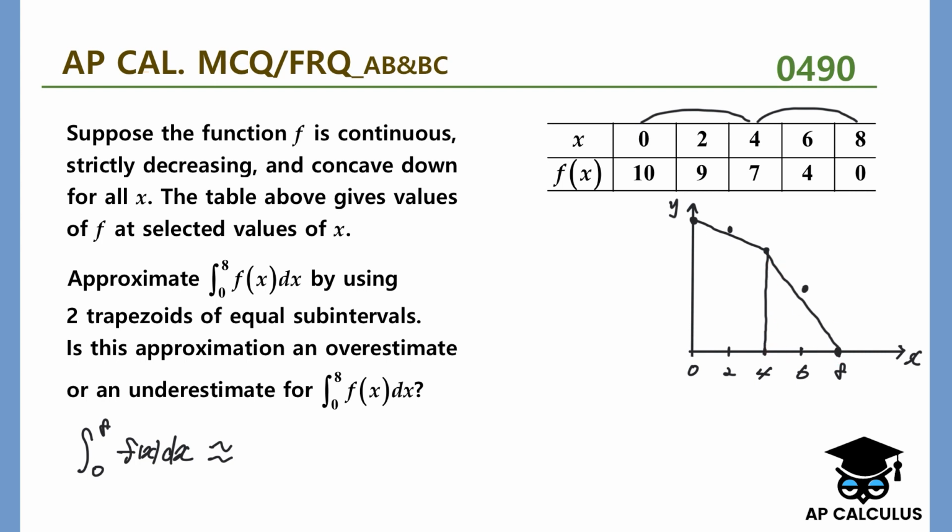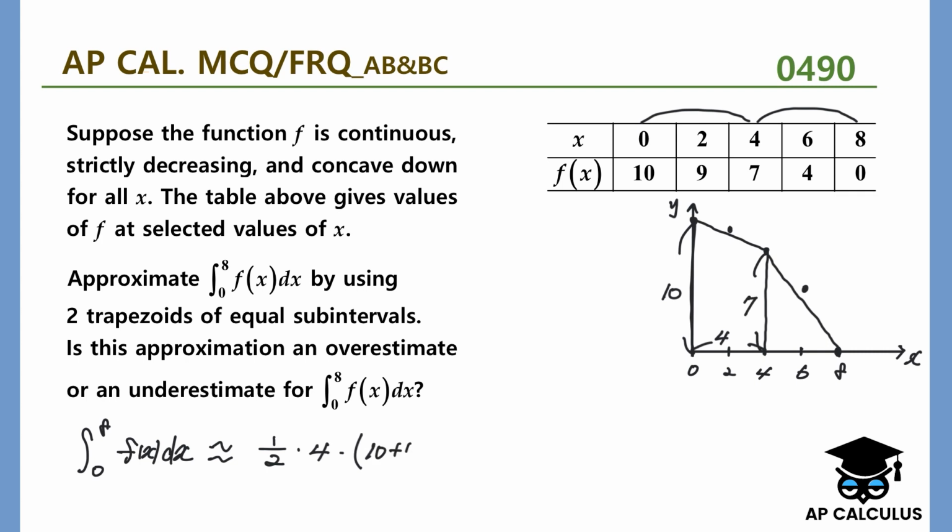We know from geometry that the area of a trapezoid is the sum of the two bases times height times 1/2, right? The first trapezoid is equal to 1/2 times the height, which is 4, times the sum of two bases. That's 10, and the other base here is 7, right?